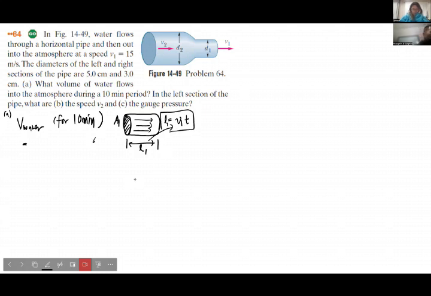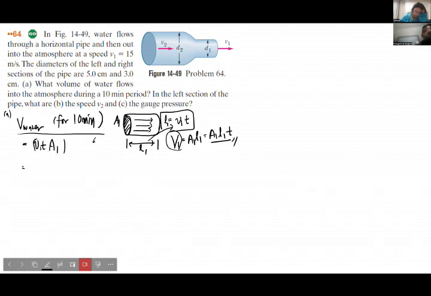So if you plug that into the volume, the total volume V is A1 times L1, right? And replace L1 with V1 times T, so the water for 10 minutes should be V1 T times the cross-sectional area A1.